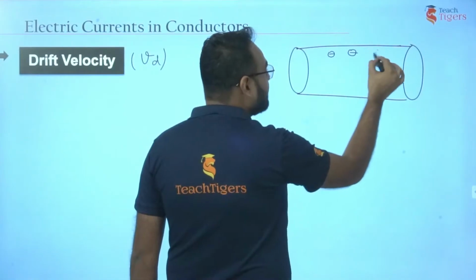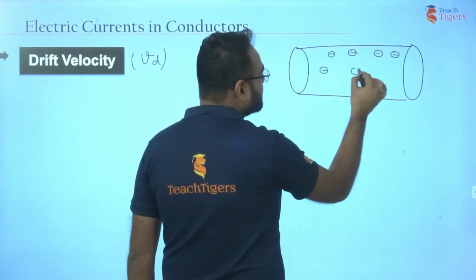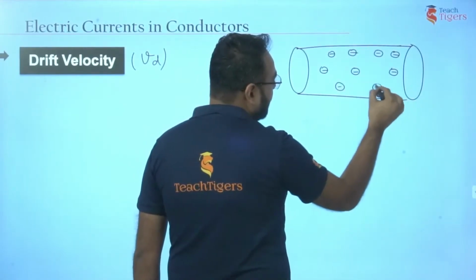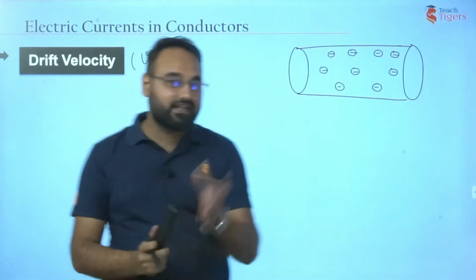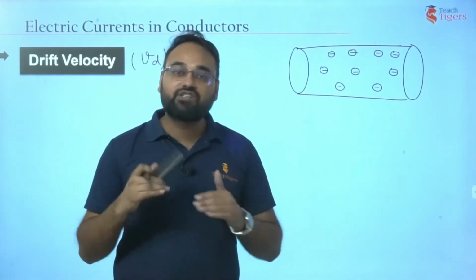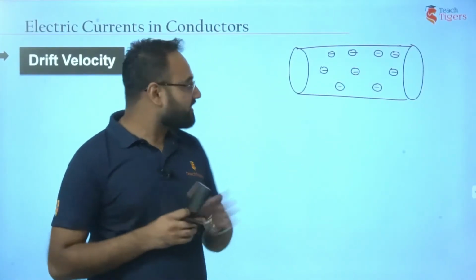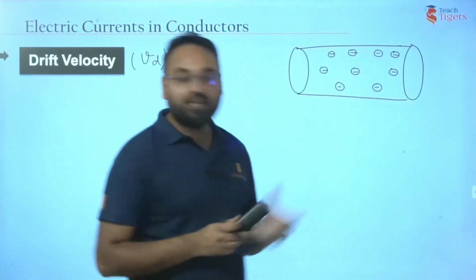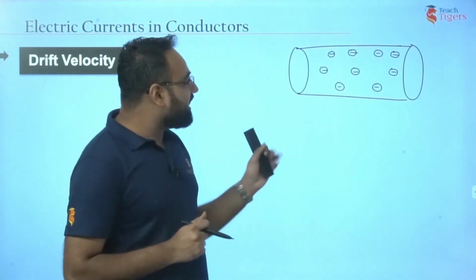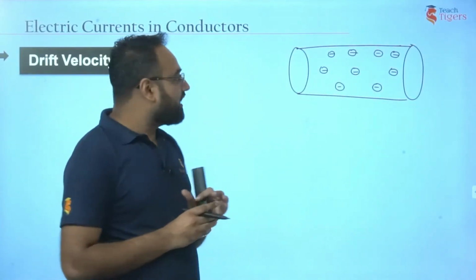Now we know in conductors, it is the free electrons which are responsible for current flow, because positive charges are bound inside the nucleus. It is only the free electrons which result in the flow of current.